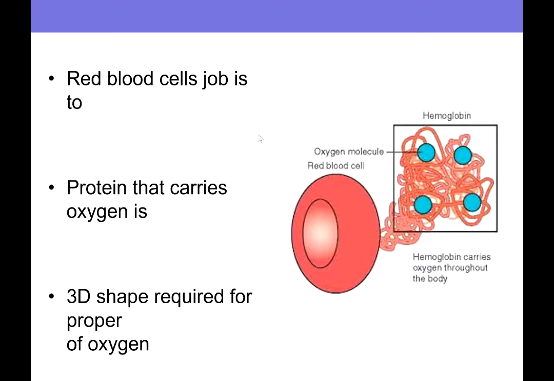All right, so one more example here. Our red blood cell's job, of course, is to carry oxygen. And the protein in our red blood cells that carries oxygen is hemoglobin. And the 3D shape of hemoglobin is required for proper binding of oxygen.